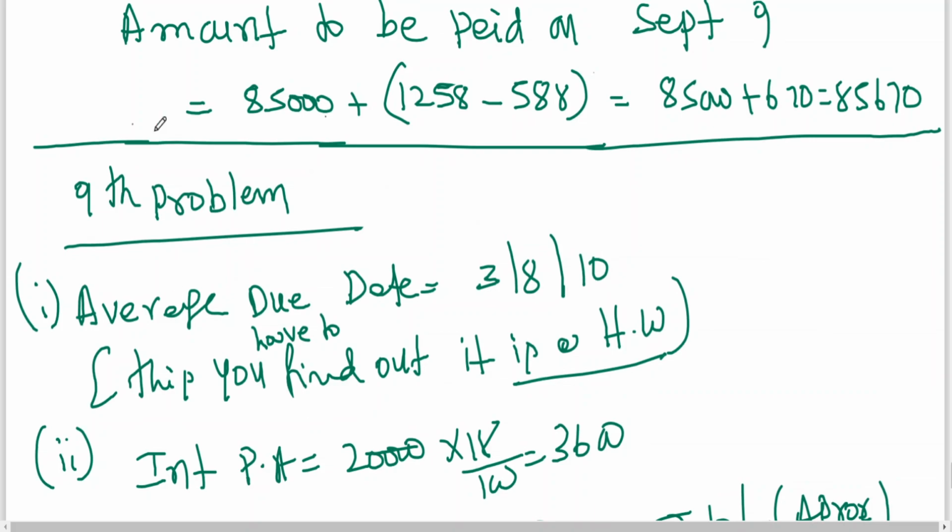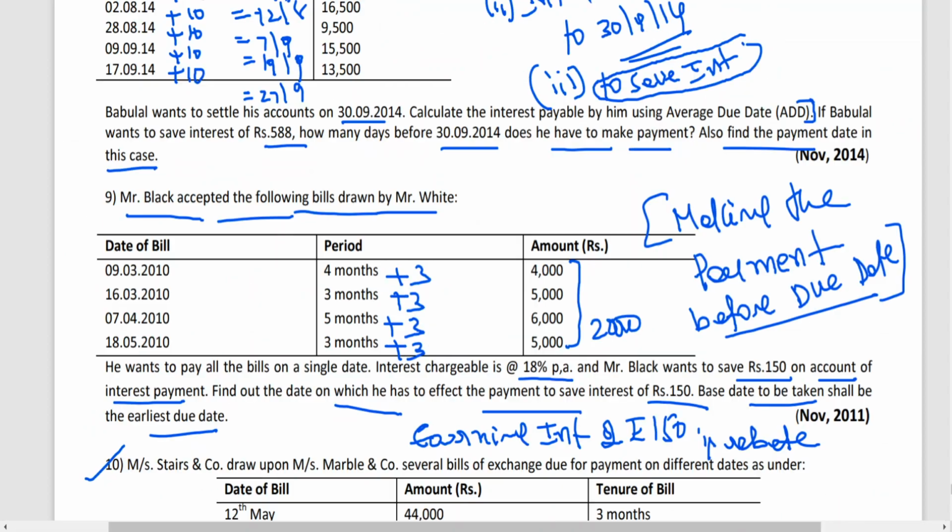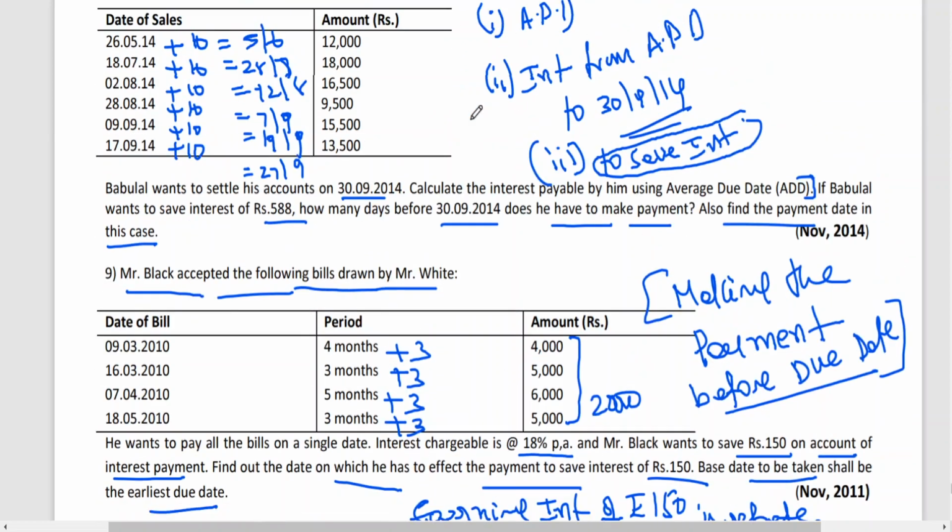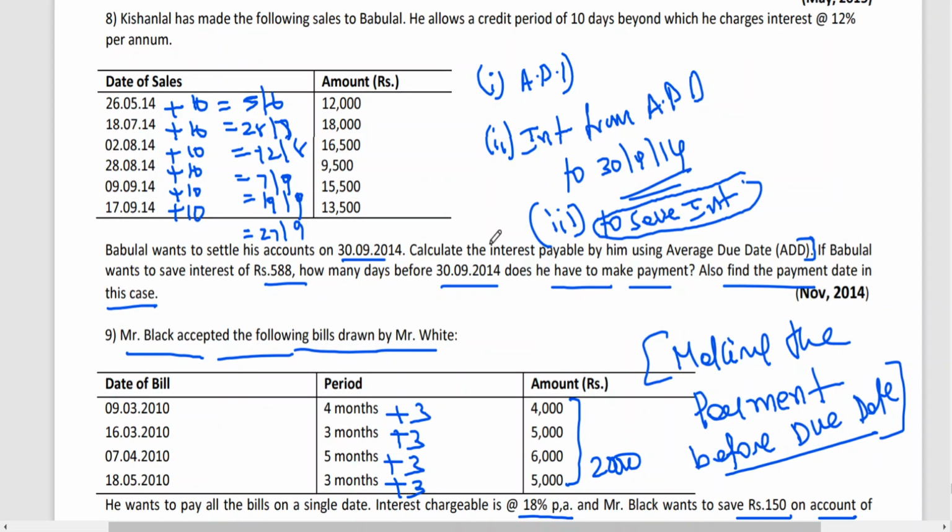Here in this problem, he hasn't mentioned the date of settlement, but you want to earn an income of 150 rupees. Now, here the earlier problem was making the payment on the settlement date, but before settlement date, after due date. That problem is saving interest after due date, before settlement.